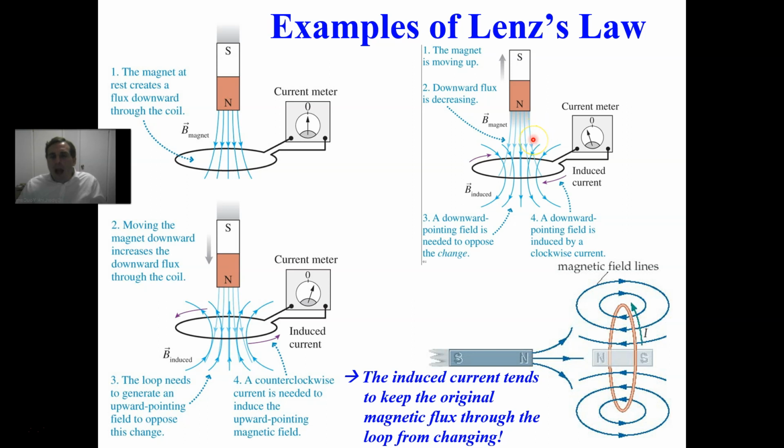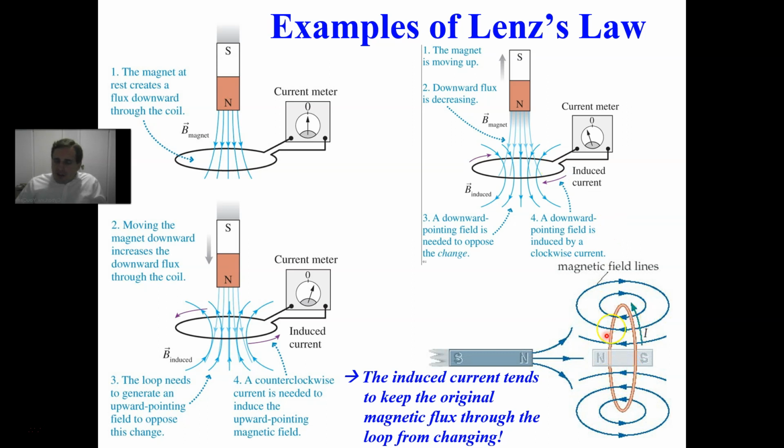Now, what if the bar magnet is moved upward? If you move the bar magnet upward, the loop will tend to reinforce the magnetic field that was originally pointed downward. Always think of your loop as a stubborn roommate that never wants anything to be different and always wants to resist the change. So if you pull that same bar magnet upward with a sudden velocity, so the magnetic flux is changing in time, you're going to have current running clockwise as viewed from above, because clockwise as viewed from above has an induced magnetic field that's downward.